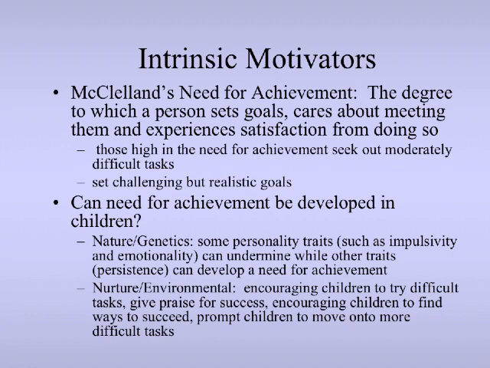But those that score in high need for achievement have a tendency to stand at a realistic but challenging distance. So what we know is that those that are high in need for achievement seek out moderately difficult tasks. They like to engage in tasks that are challenging, but that they know that they can complete them. So they are in a consistent process of setting challenging but realistic goals.